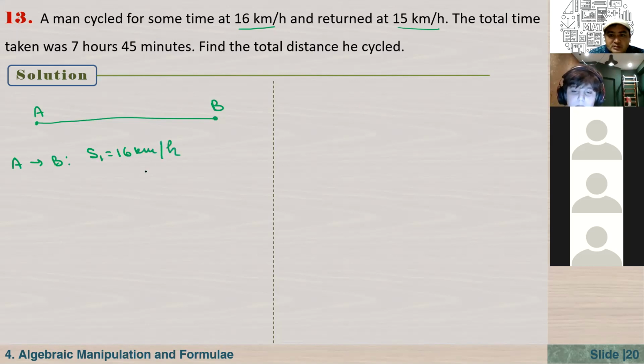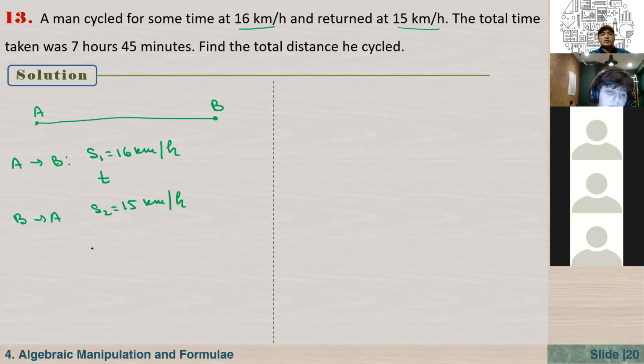And how much time did he spend? I don't know. Let's say he spent t hours. And from B to A, it's the same, but he changed his speed to 15 kilometers per hour. So his returning speed is 15 kilometers per hour. Now, Ayan, this question is for you. To return from B to A, how much time did he take?